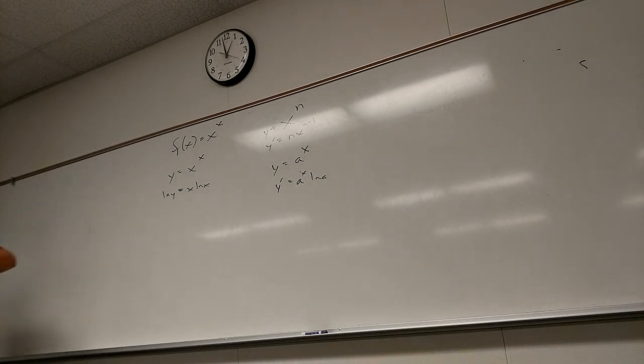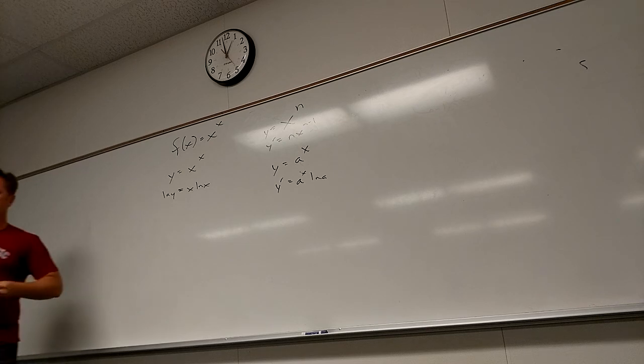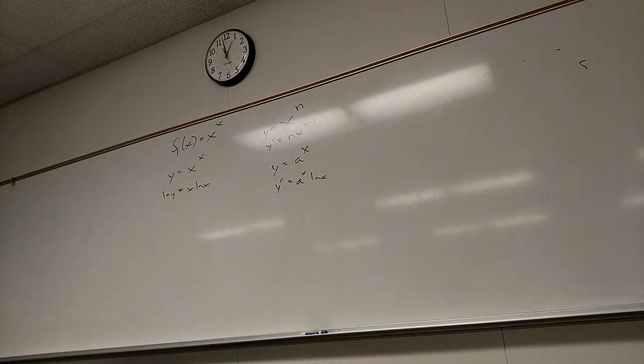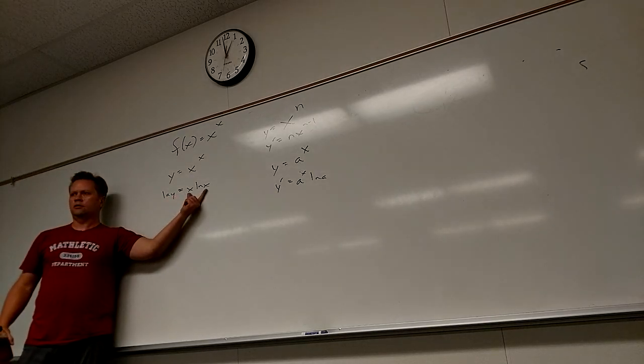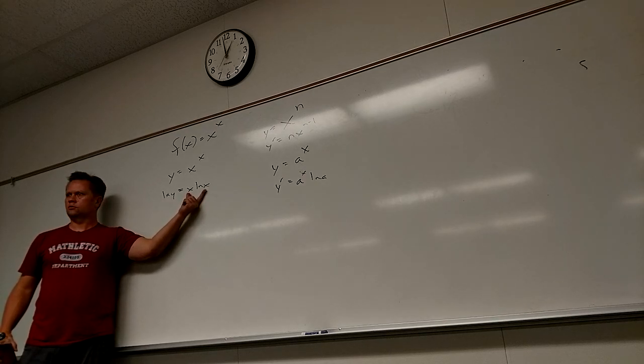Go ahead and take the derivative of that. So it involves implicit differentiation. This side is going to involve what rule? x times natural log of x, so it's a product rule. I like it.